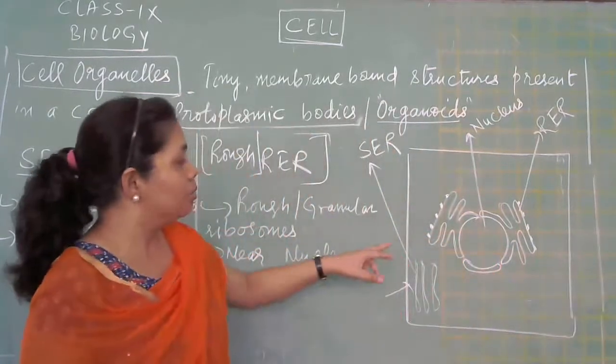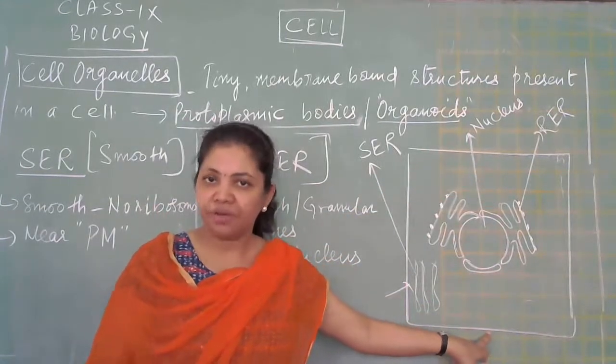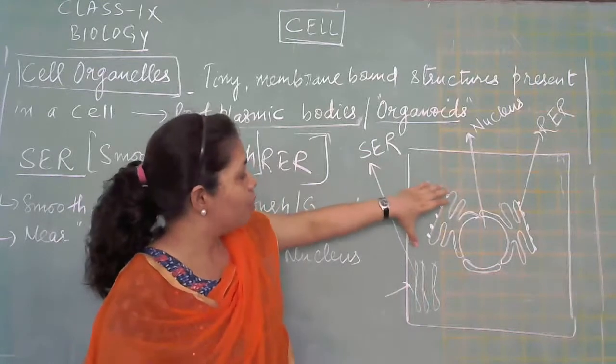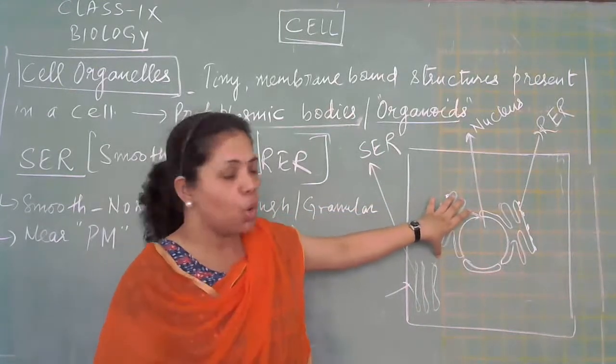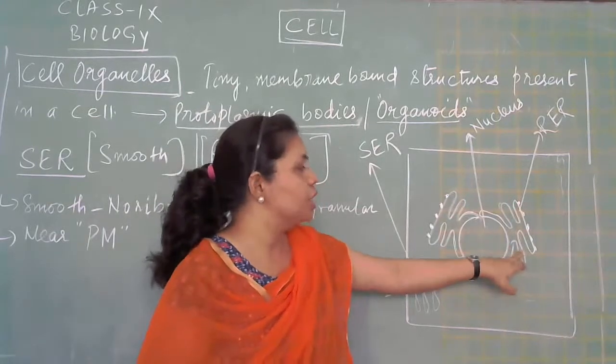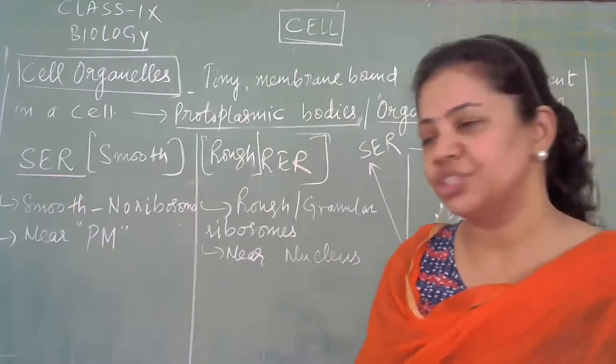That's why in most of the diagrams of a cell, you might have noticed in various books that rough endoplasmic reticulum is shown in attachment with the outer nuclear membrane, right? So that is based upon the location.